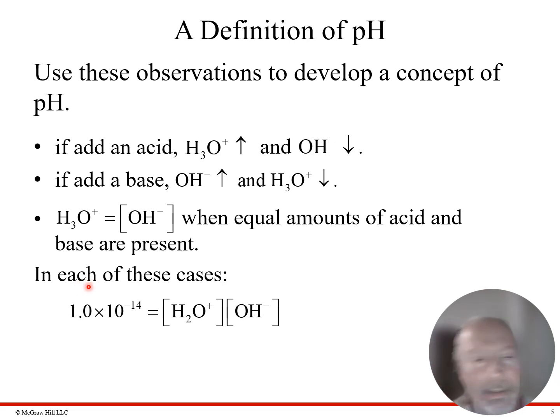And you might say, well, wait a second, Dr. Pryor, if there's an equal amount of acid and base, wouldn't they just completely neutralize themselves? Yes, they should. But when the concentrations are really, really small, the hydronium cation and the hydroxide are so dilute, they may not have a chance to interact. Remember what we learned about concentrations: the higher the concentrations, the more opportunity for a reaction to occur.